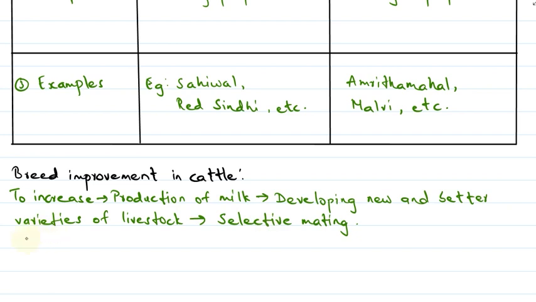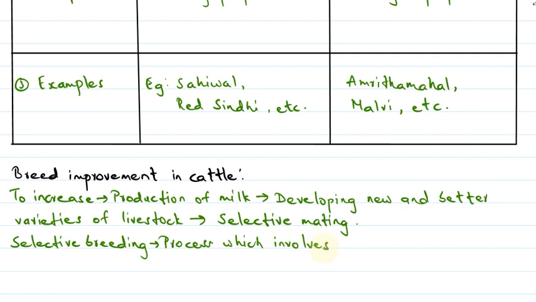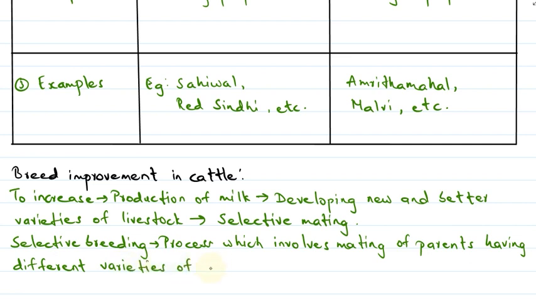Selective breeding is a process which involves mating of parents which have different varieties of desired traits. This method is known as selective mating.